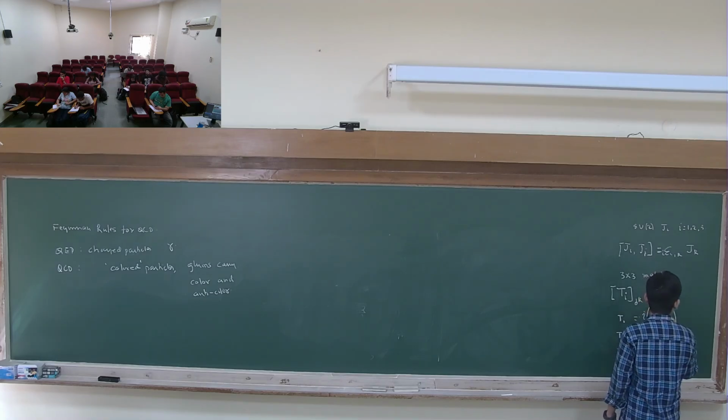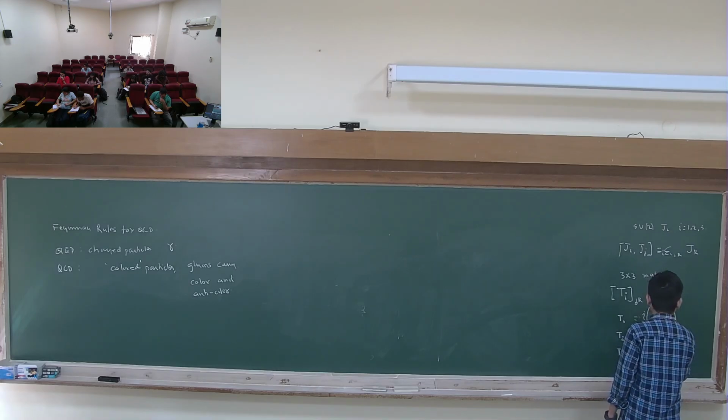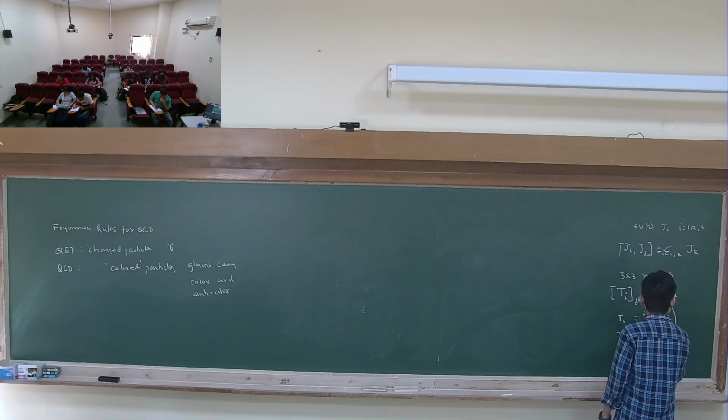All the diagonal elements have to be 0. There is no option, because the Levi-Civita is totally antisymmetric.